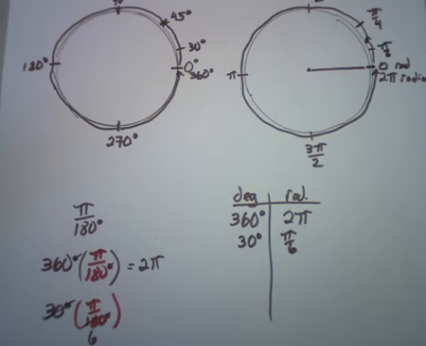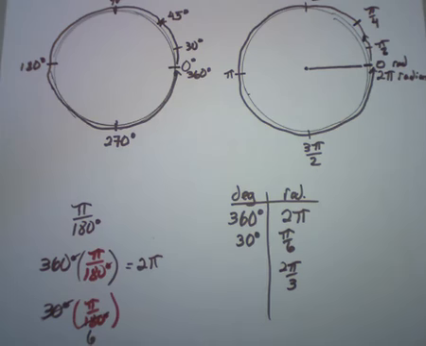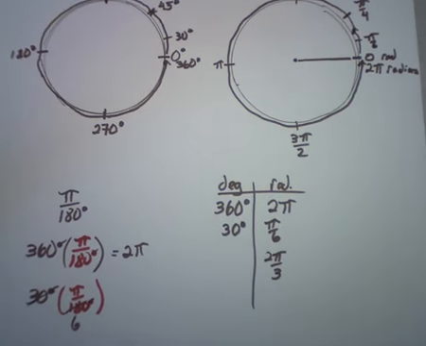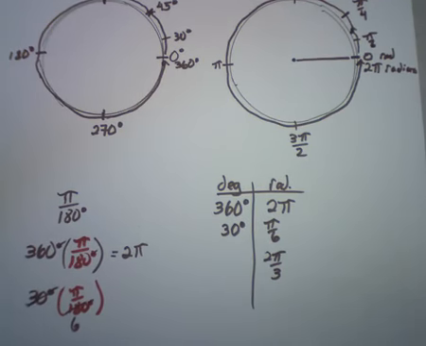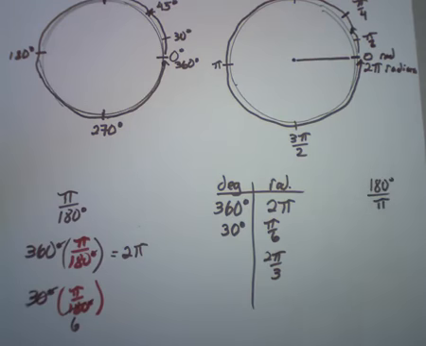And we can do this converting the other direction, of course, too, if we wanted to figure out what, let's say, 2 pi over 3 radians is in degrees. We can do that multiplication, but just do it in the other direction. So now our conversion factor will be 180 over pi.